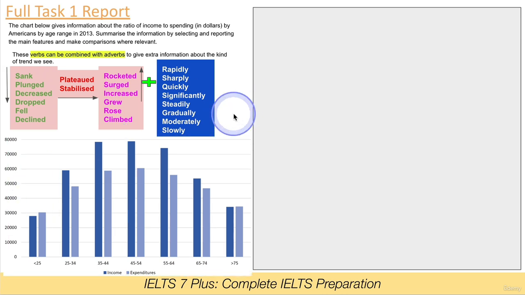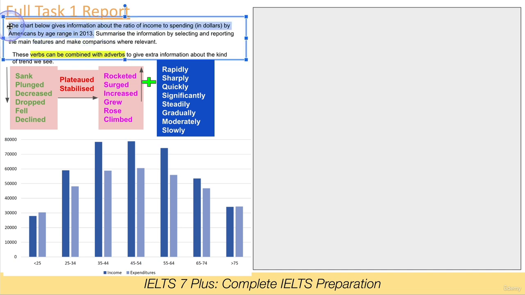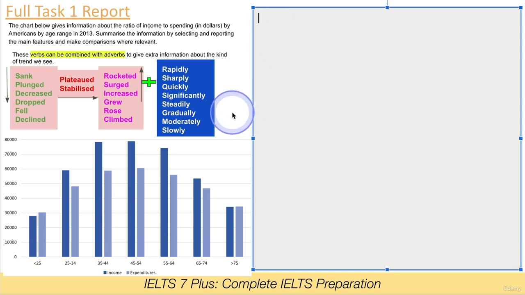There we go. So we'll start how we start every task 1 and task 2 for that matter. We need to paraphrase this sentence here. The chart below gives information about the ratio of income to spending in dollars by Americans by age range in 2013. So we can be more specific.